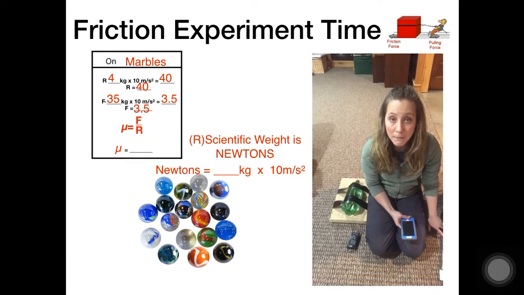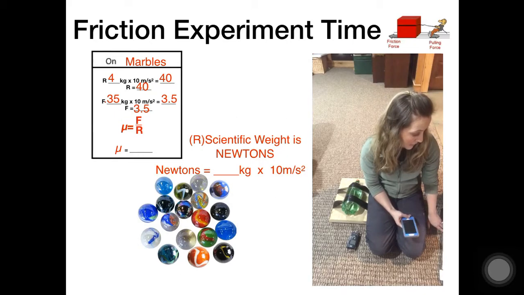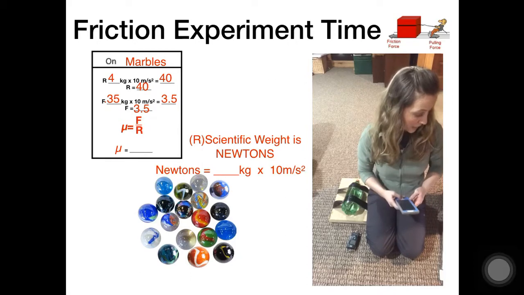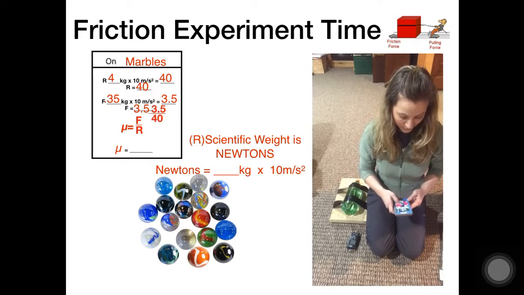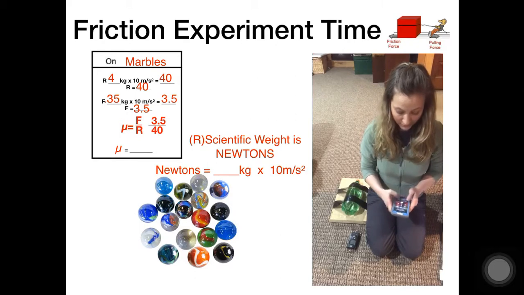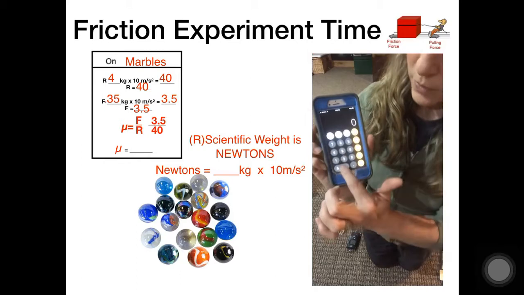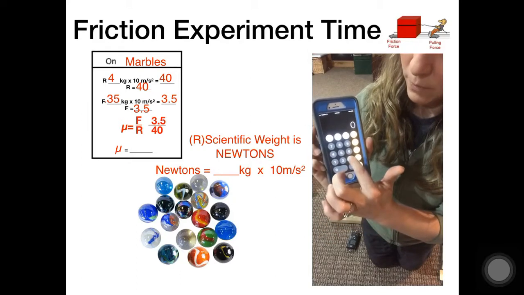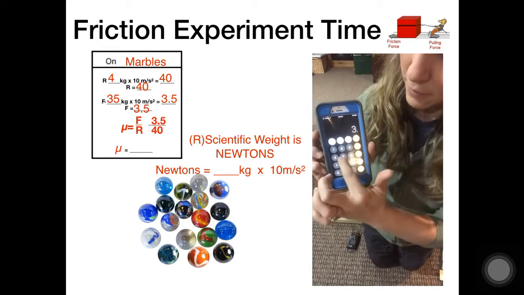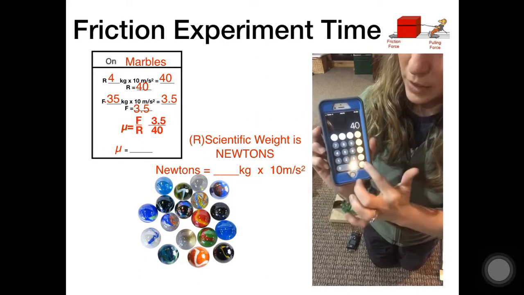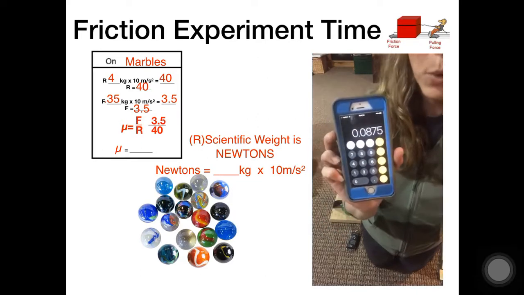Okay, and if we do that division on our calculator, we will do 3.5 divided by 40 equals 0.087.